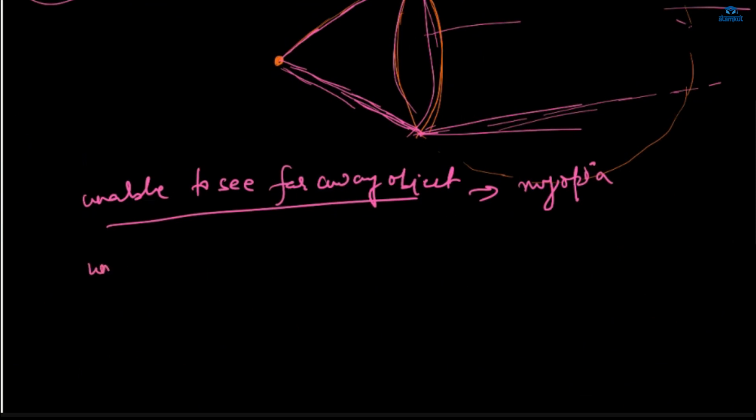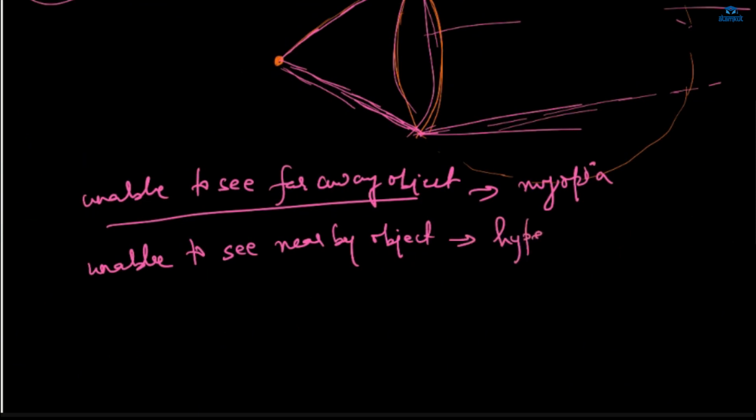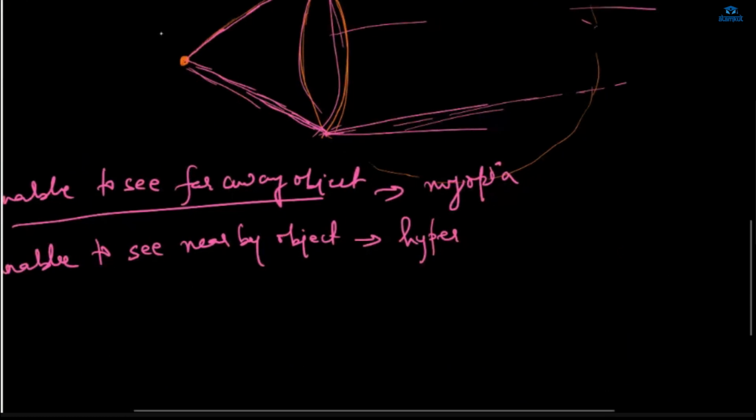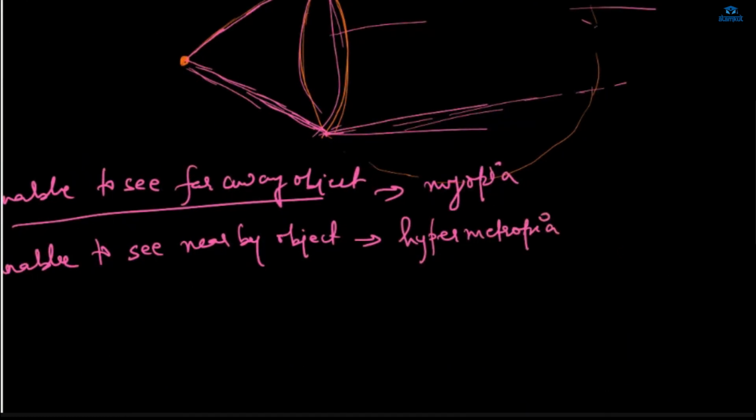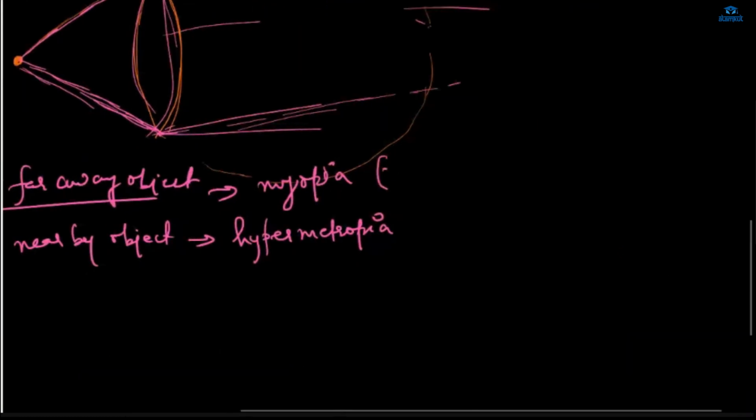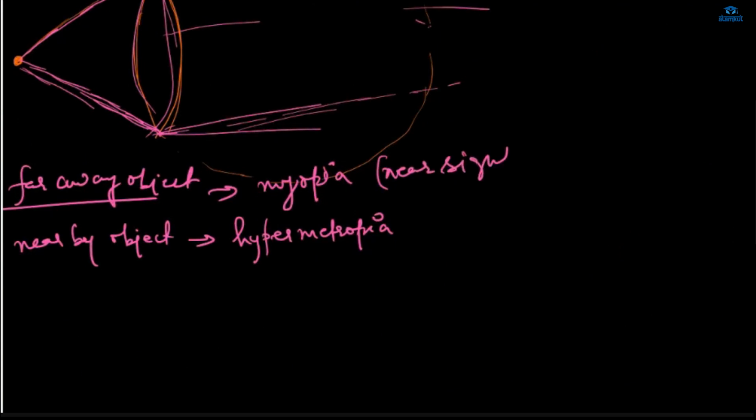And if you are unable to see nearby objects, then what kind of defect is this? Hypermetropia. Myopia is also known as nearsightedness, and hypermetropia is also known as farsightedness. Nearsightedness, why?